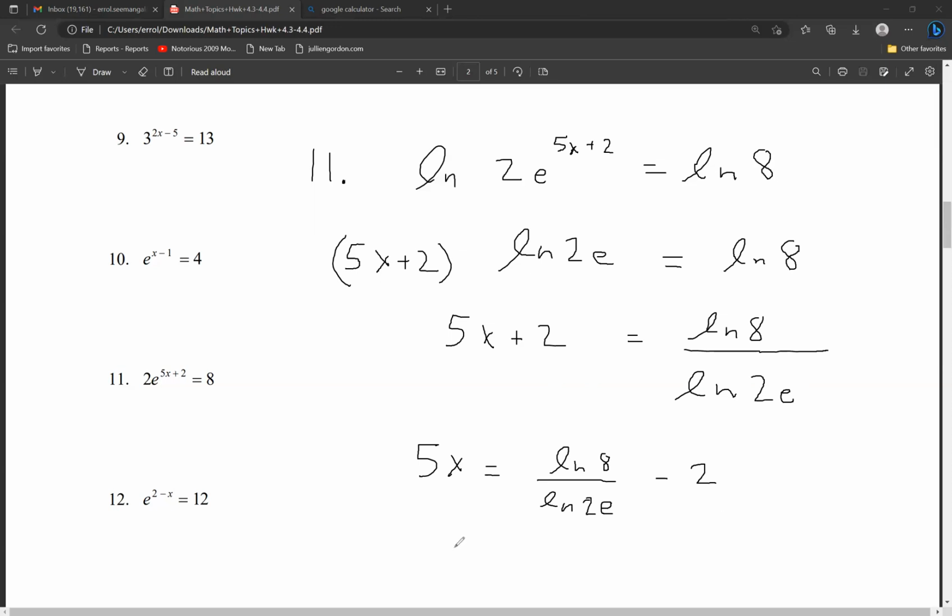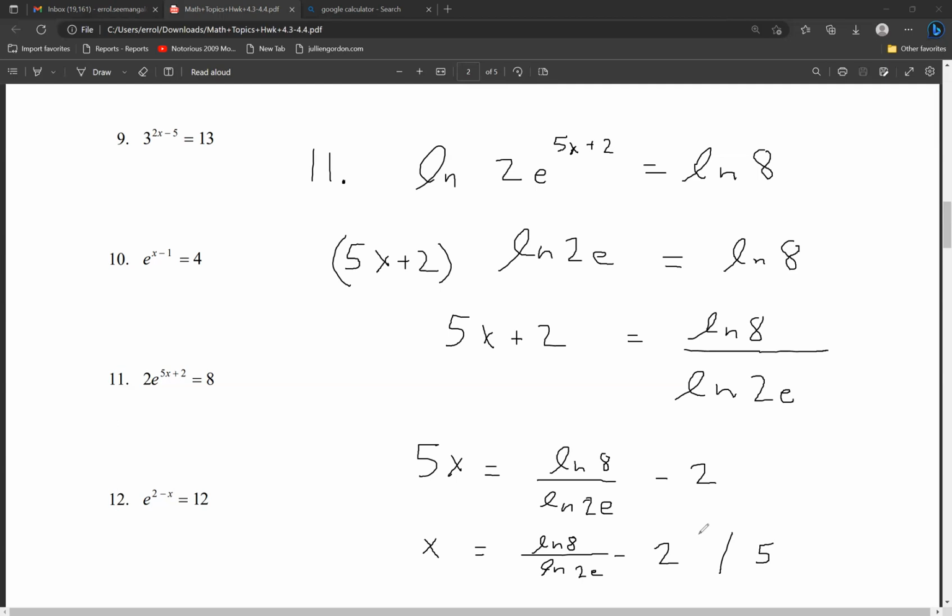And now x would equal all that divided by 5. x equals ln 8 over ln 2e minus 2, all of that divided by 5. You understand what I'm doing? Mhm. All right, now just do that on your calculator.